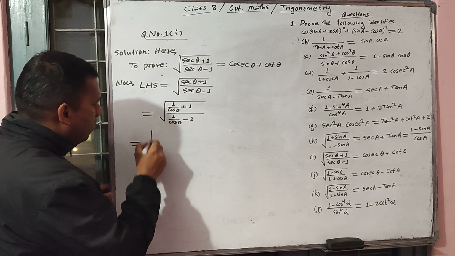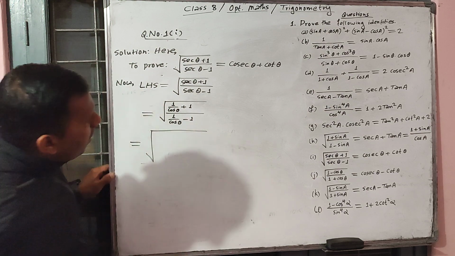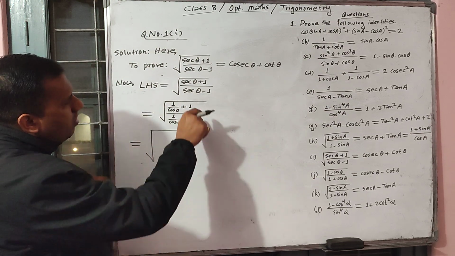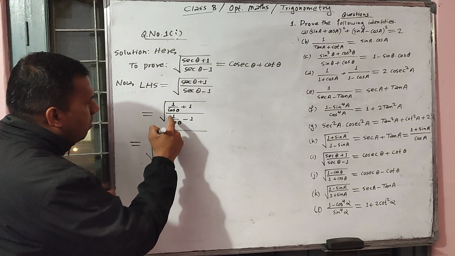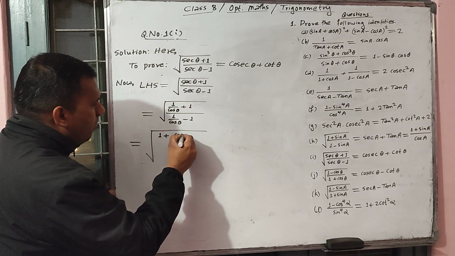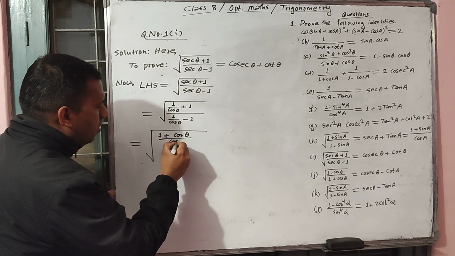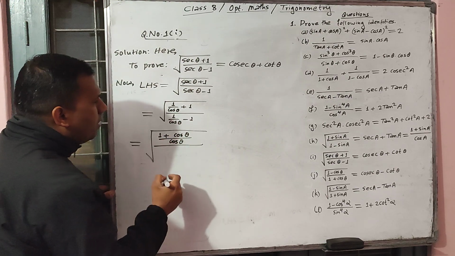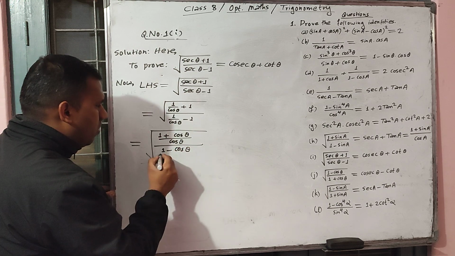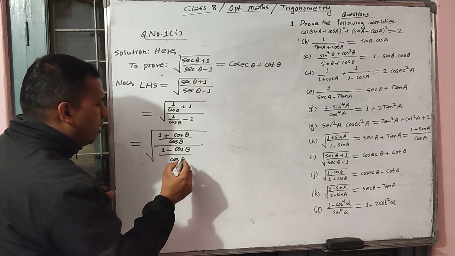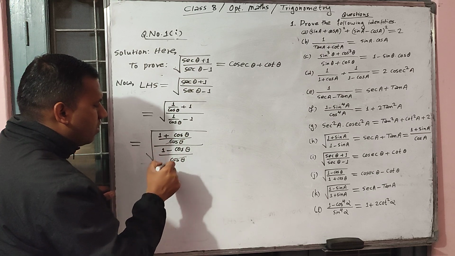Now taking LCM within the root, the numerator is (1 plus cos theta) upon cos theta and the denominator is (1 minus cos theta) upon cos theta. The denominator parts cancel each other.